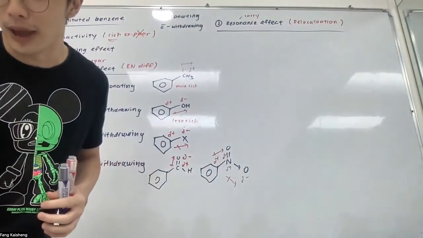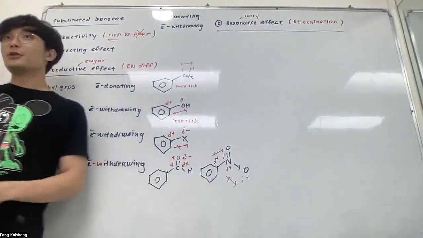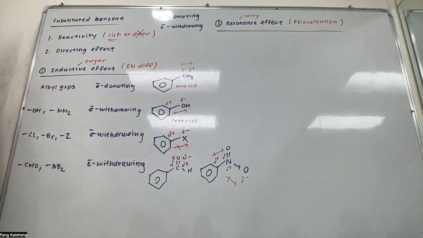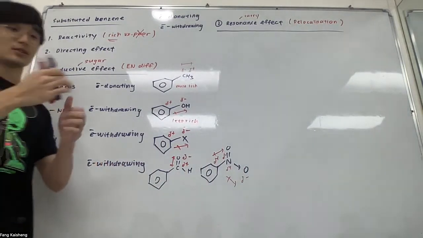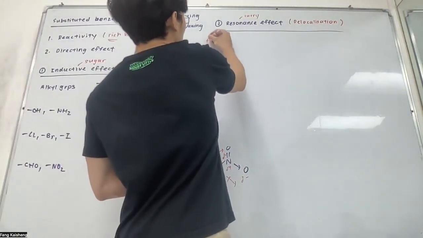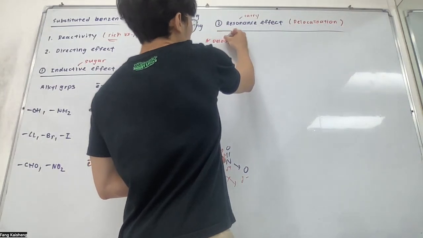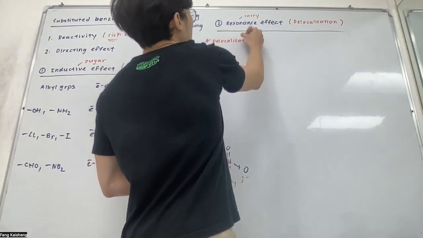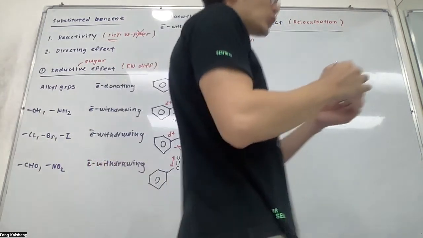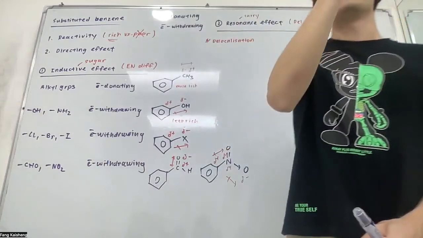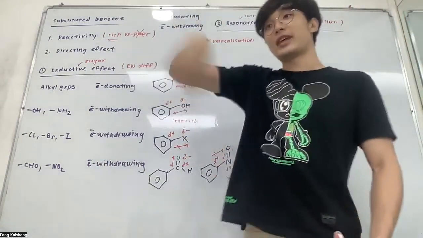Can you all take a look at page 20? There are a few things that I need to establish first. Let me write down the word delocalization once more. I need you all to acknowledge one very important thing. For delocalization to occur, what must happen first? Then the electrons can move freely.